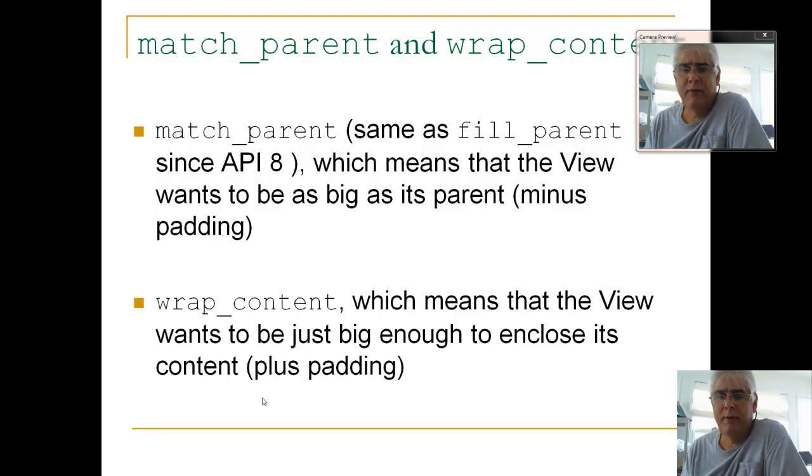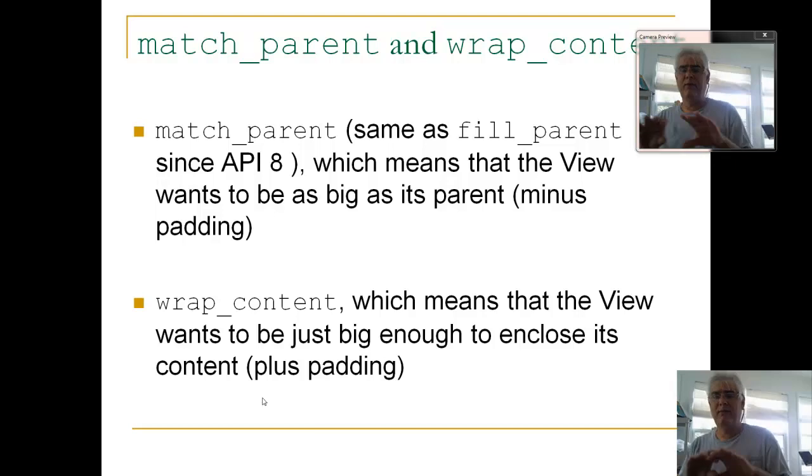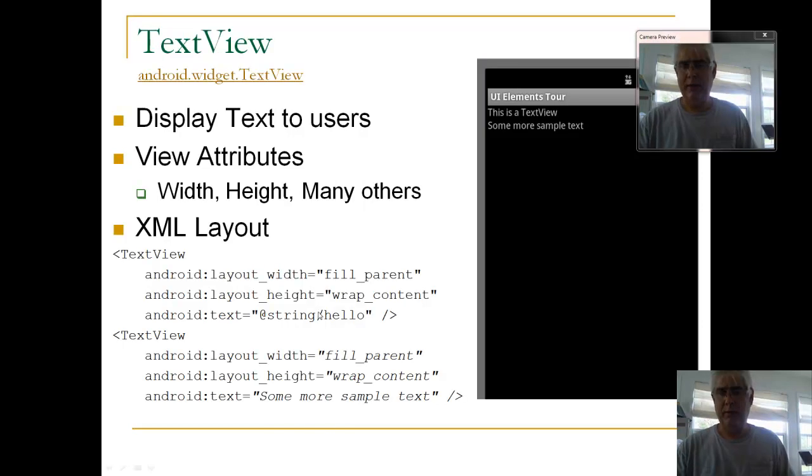What does it mean, fill parent or match parent? It means that the view, take our text view, our static text label, wants to be as big as its parent. So if, for example, our layout width is fill parent, the parent is this whole screen here.